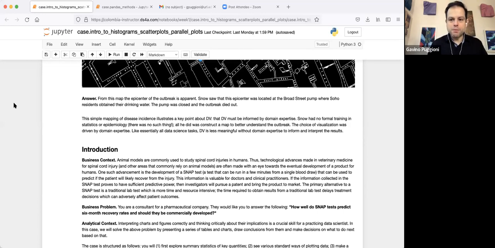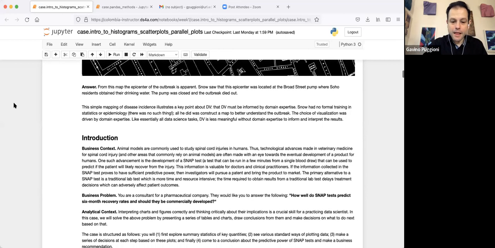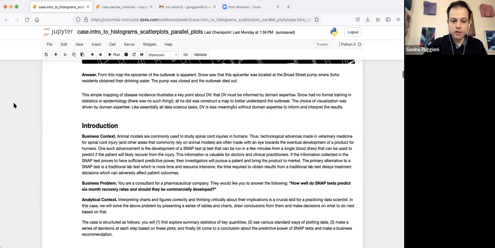Now, before we even dwell into data sources, being able to interpret figures is an important requirement, okay? So this case, we will approach it just by looking at graphs and seeing, okay, what can we understand from the graphs and the tables that we are going to see, okay? And so this is the structure of the case.